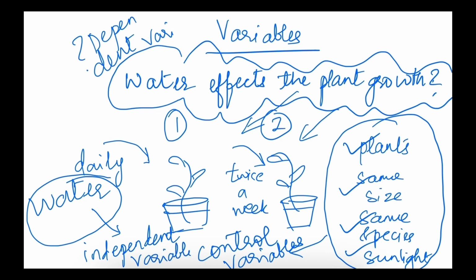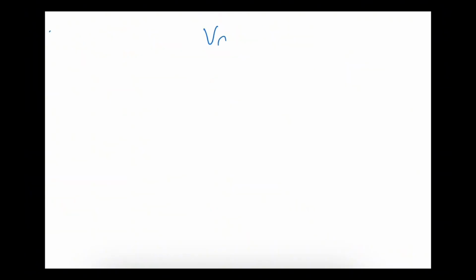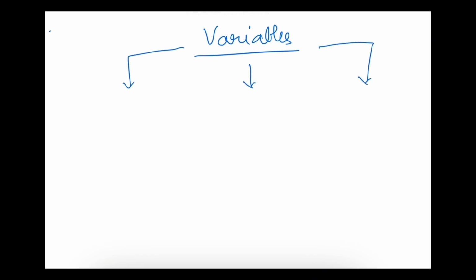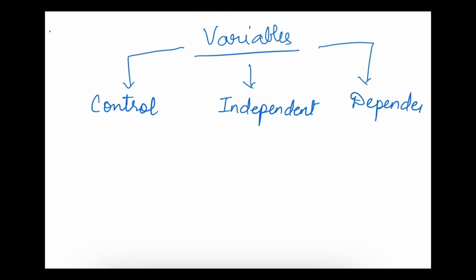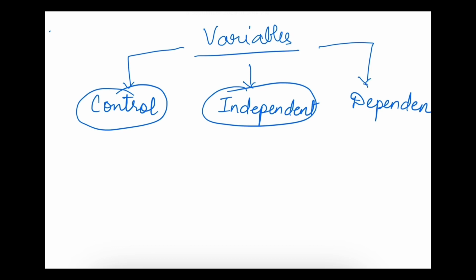Now, let me just recall it for you. Variables are of 3 types. Control variable, independent variable, and dependent variable. So what is control variable?